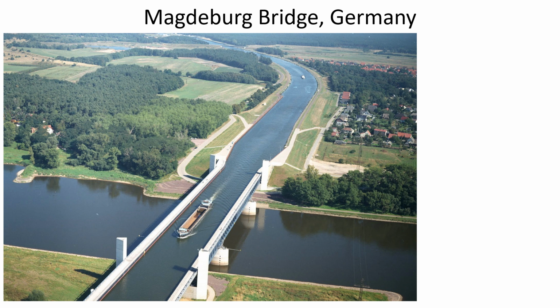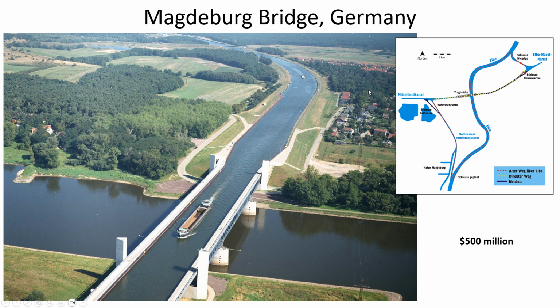But we're maybe not as accustomed to seeing 2 rivers intersecting each other, well, a river and a canal. The Magdeburg Bridge was built to connect 2 industrial centers that were already connected by water, but it was kind of an indirect route, because there was a connecting canal to the Elbe River, and they had to go all the way downstream and then backtrack to go to this other place.